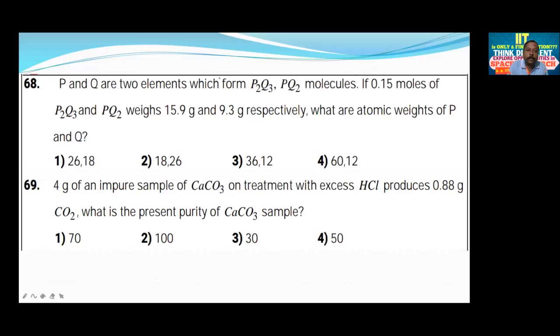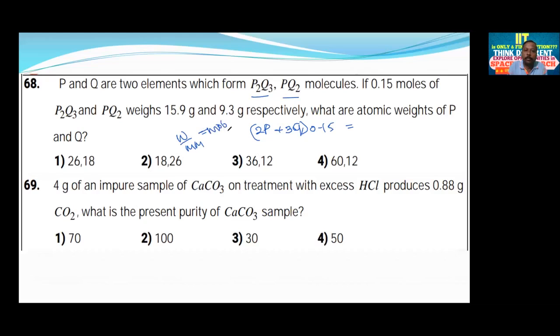Very simple. It is just like a mathematical quadratic equation or equation making only. P2Q3 and PQ2 molecules. If 0.1 moles of P2Q3 weighs 15.9, so here P2Q3 is 2 into P plus 3 into Q, into 0.15 is equal to, moles upon molecular mass. Mass divided by molecular mass is equal to moles.